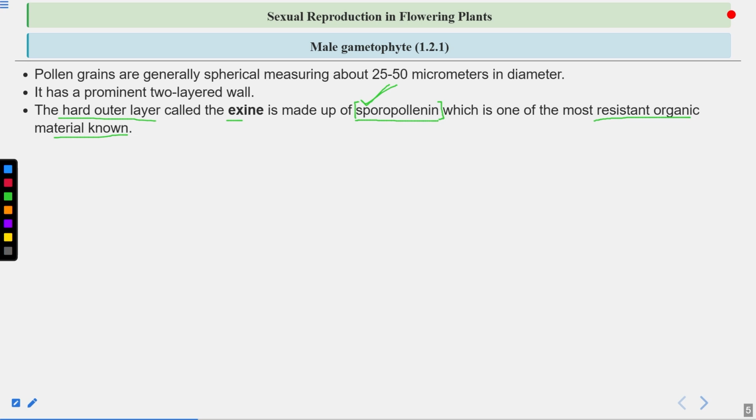The chemical constituents of the sporopollenin: first thing is the long chain of fatty acids. Second, phenylpropanoids and phenols, along with a small amount of carotenoids. So four things are there. Again, I'm repeating: sporopollenin is made up of long chain fatty acids.